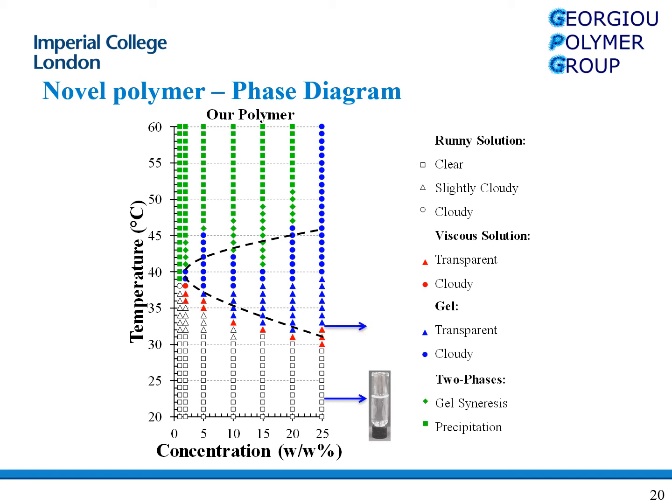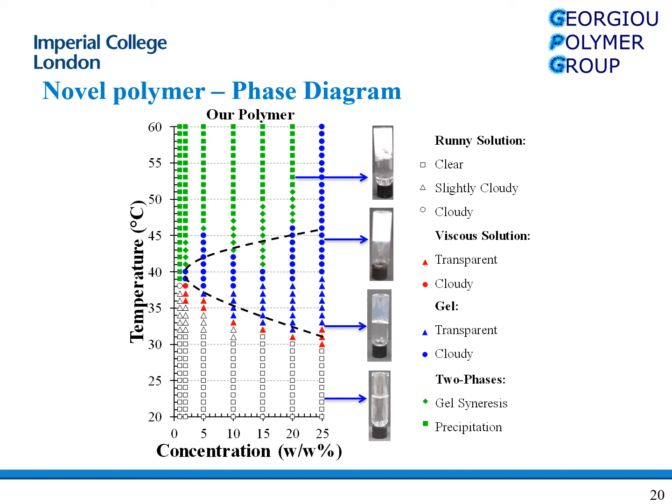So a transparent solution, when you invert the tube, it does flow. A stable gel can be either transparent or cloudy depending on the temperature. And gel syneresis or precipitation, as you can see here, we have the solids and the liquid that did flow.